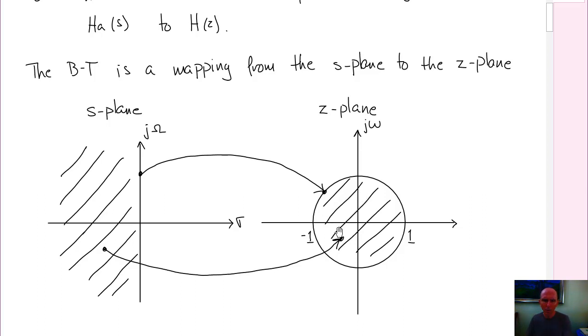And so one thing we'd like to do is take all the poles from H_A(s) that are in the left half plane and convert them into poles inside the unit circle, because if H_A(s) is causal and stable, we want H(z) to be causal and stable too.